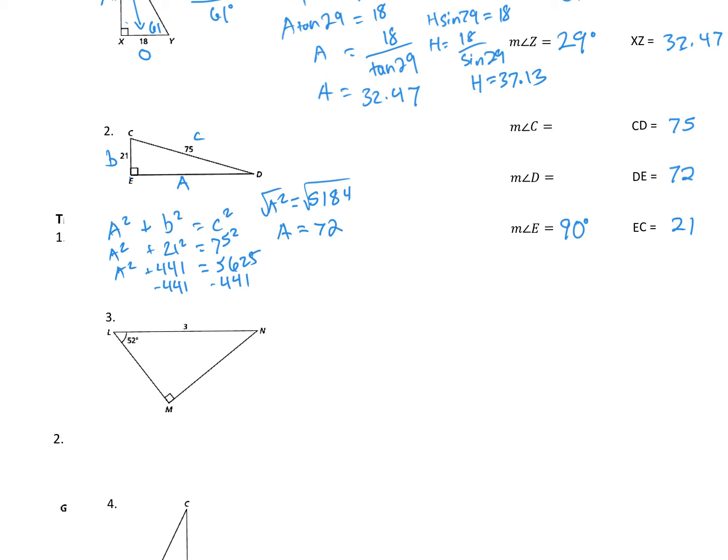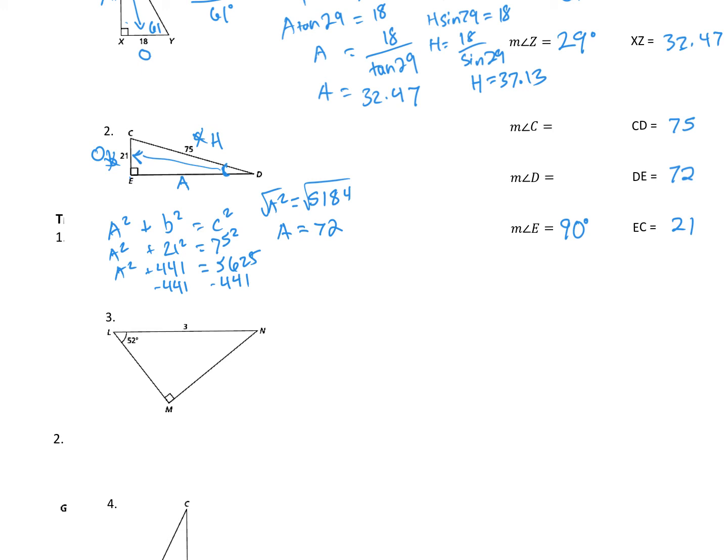All right. I'm going to pick an angle. I'm going to pick angle D. My adjacent is A. My opposite is going to be 21. I'm going to cross out the C, and this is going to be my H for hypotenuse. So here I got opposite and I got my hypotenuse, so I'm going to use sine.